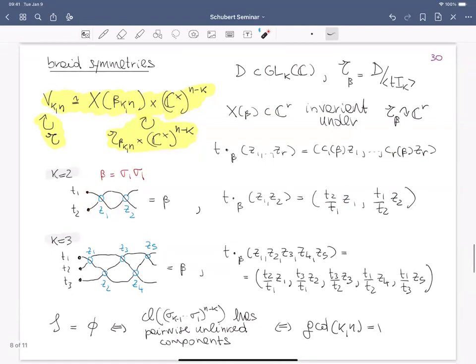Okay, and here's a more complicated example on 3 strings. This is the braid sigma 1, sigma 2, sigma 1, sigma 2, sigma 1. Again, we have 3 strands, so three weights, T1, T2, T3, and then you have braid coordinates, one for each of the Artin generators in my braid word, and the action, for example, on Z3 will be obtained by following the strands that enter Z3 from the left, and it's T3 over T2.